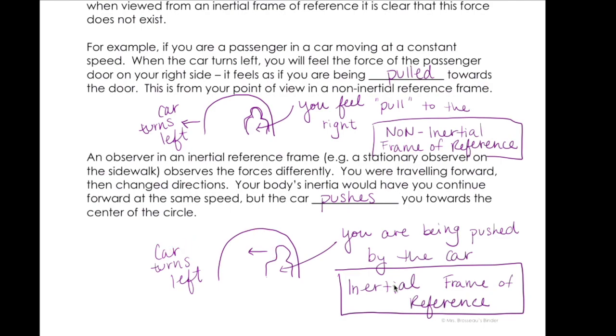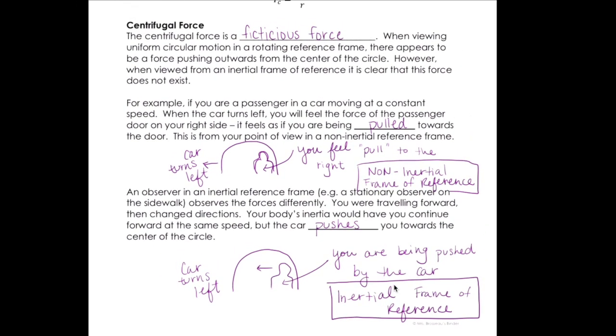That would be the inertial frame of reference. The key thing to note is that we have these forces that are perceived from different reference points, and some of them are fictitious, because what's really happening is that you're continuing on your same path, but it feels like you're being pulled in the opposite direction of the car.